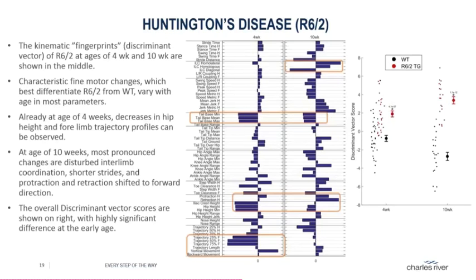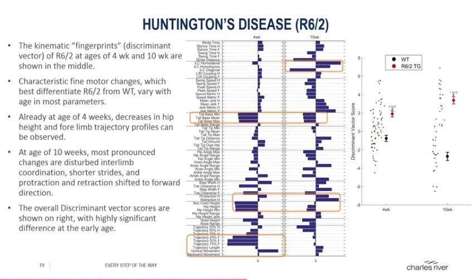As can be seen in the discriminant vector in the middle panel, at 10 weeks of age, most pronounced changes of R62 mice are disturbed interlimb coordination, shorter strides, and protraction and retraction shifted to forward direction.